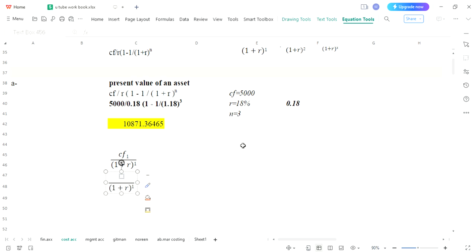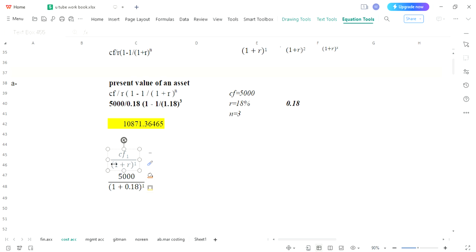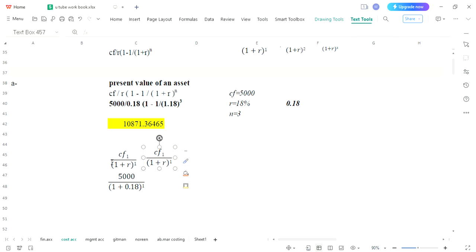Put 5000 over here. Then one would remain same. R is rate, and that is 0.18, while it was first year, so we have already written 5000. How many cash flows do we have in our question? These are three different installments or three different cash flows.